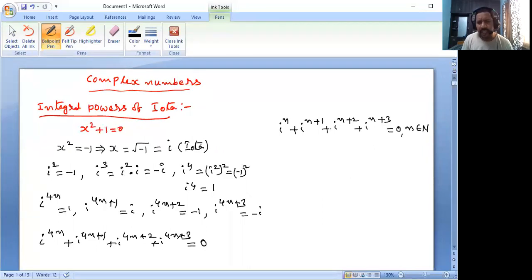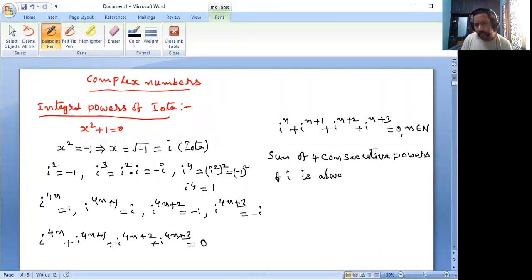So by observing here, we can write: the sum of 4 consecutive powers of i is always 0.